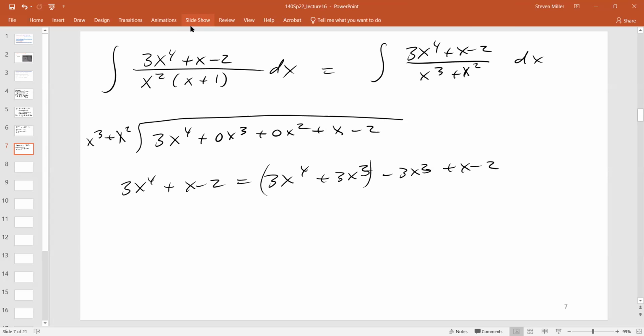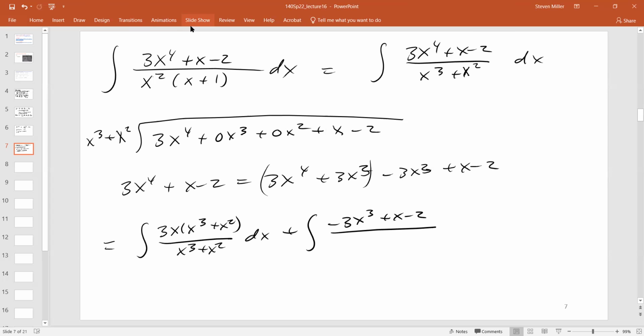So if I do that, my integral is equal to the integral of 3x times x cubed plus x squared over x cubed plus x squared dx plus the integral of negative 3x cubed plus x minus 2 over x cubed plus x squared dx.